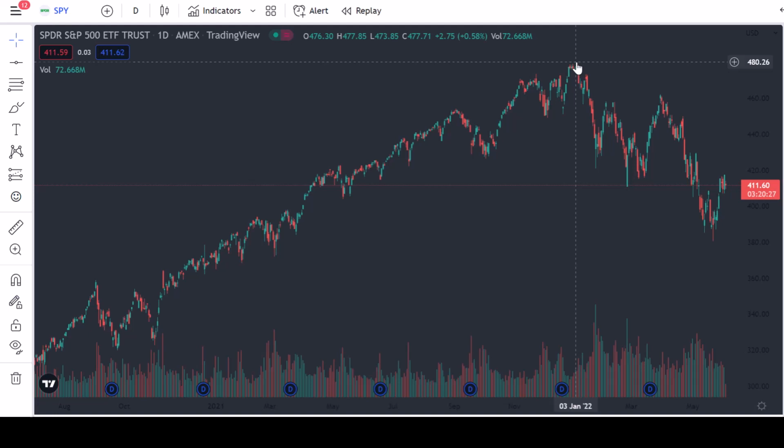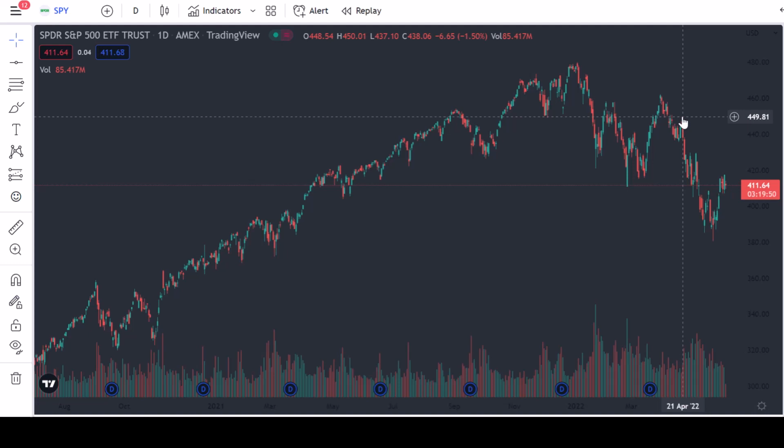If we hit 480 again and reject hard like we did here, then potentially it will be a solid form of resistance. Conversely, if we hit that position again like we did here at around 450, we reject hard, come back, and then we blow past it with volume and authority, we can see that that became support again here and here, until becoming resistance again as it touches around this area.